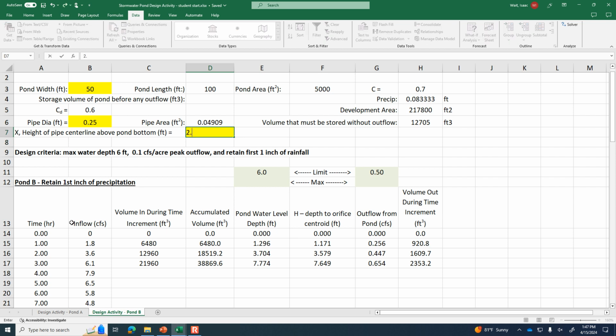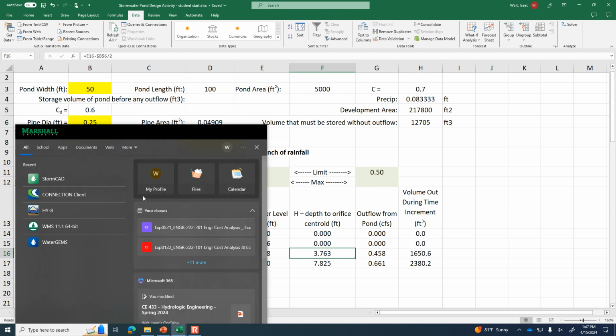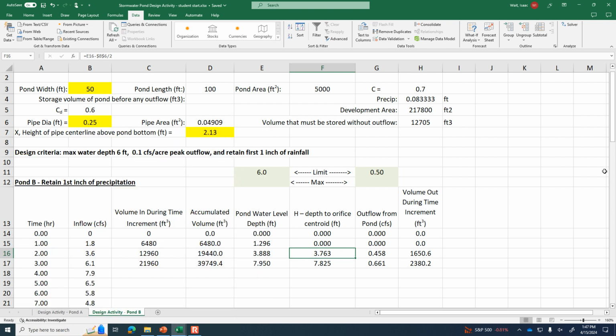Okay, so then the depth to the H is going to be 0 until the water depth becomes more than 2.125.